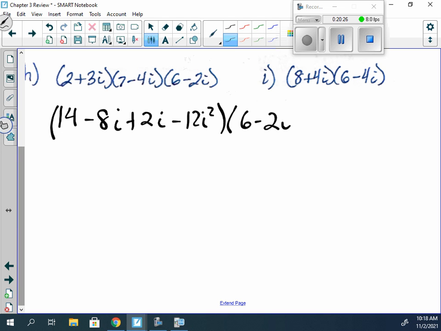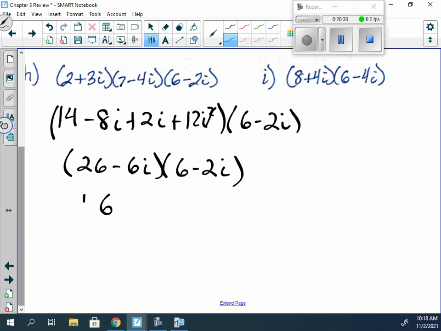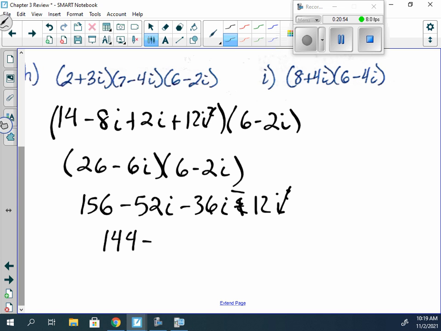Times 6 minus 2i. 26 minus 6i times 6 minus 2i. 6, carry the 3, 156 minus 52i minus 36i plus 12i squared, which would be 144 minus 88i. Is that what y'all got?